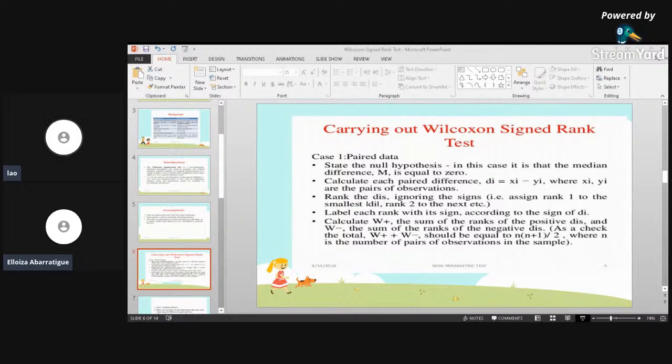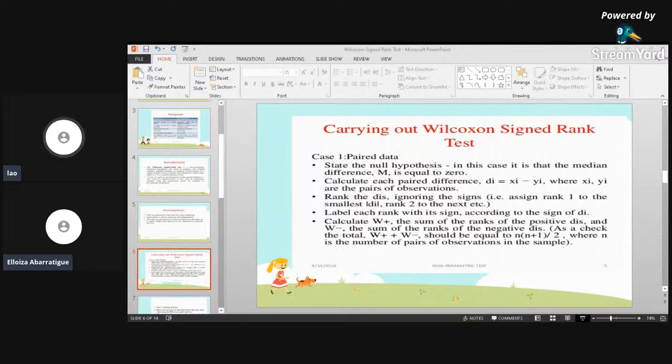Then rank, ignoring the sign: rank 1 to the smallest difference, that is D sub i, and rank 2 to the next. Later we will discuss how to carry out the Wilcoxon signed rank test.